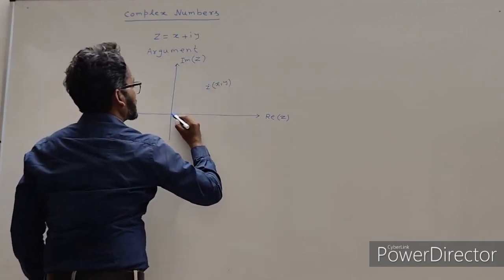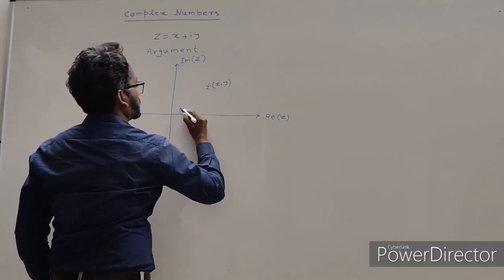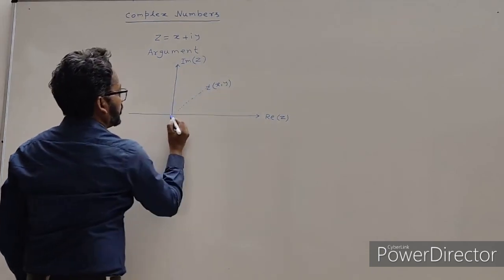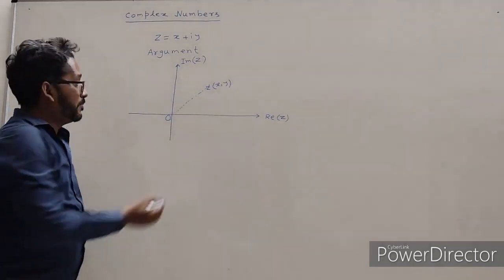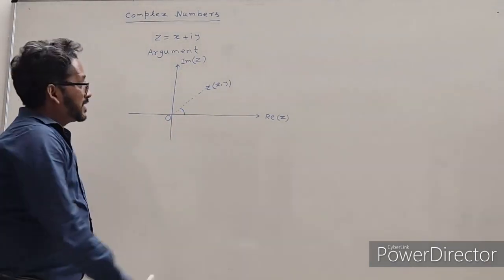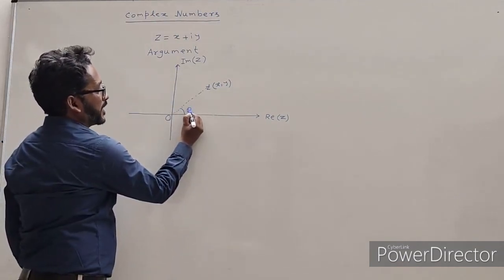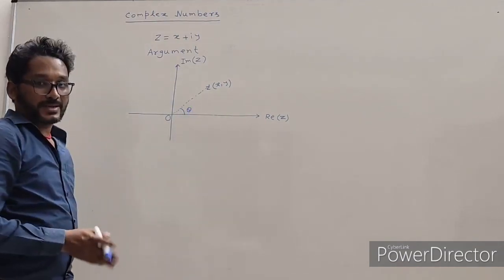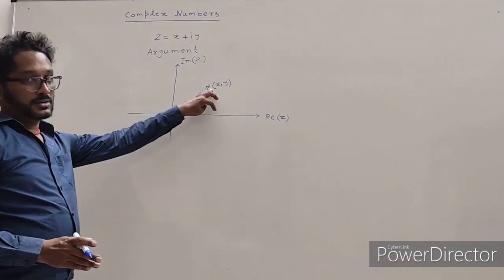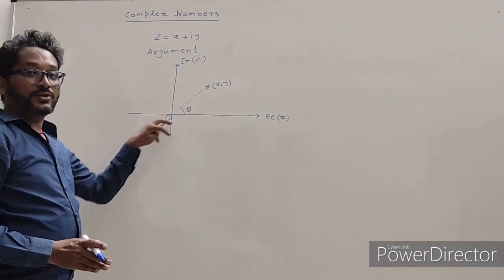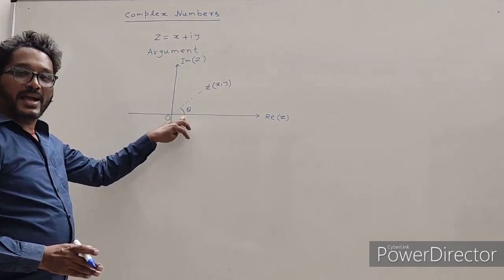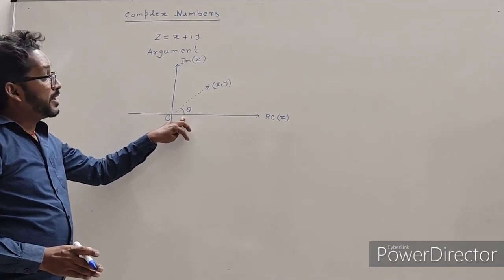Now if I join this with the origin, then this line OZ will make an angle with the positive x-axis. That angle, theta say, is known as the argument of z. I repeat it once again: if I join the origin with the complex number z, then that line OZ will make an angle with the positive x-axis. That angle is known as the argument of z.